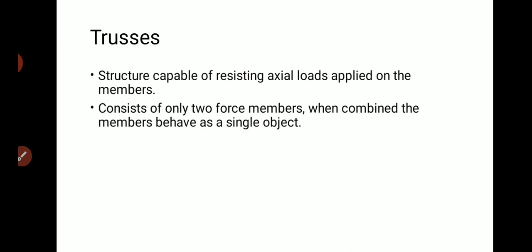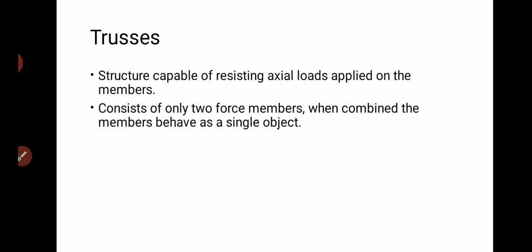The truss structure is only capable of resisting axial load itself. Trusses are structures which consist of only two force members, and they behave as a single object when combined, and are only capable of resisting the axial loads applied on the members.